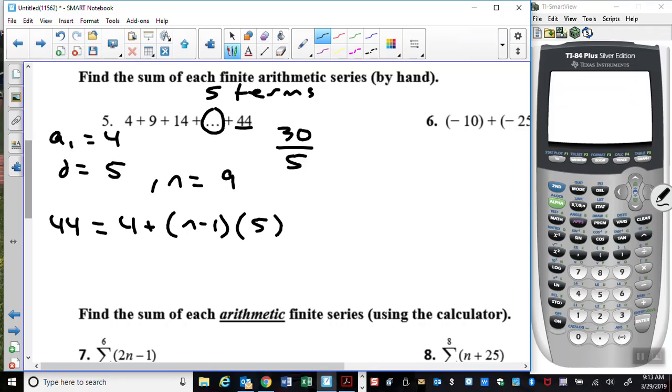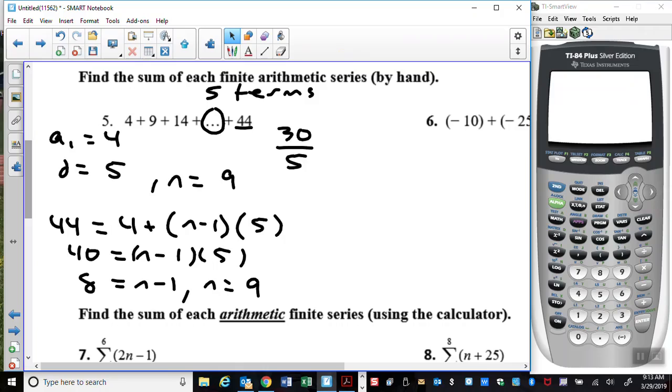Subtract 4. Divide by 5. Add 1 to both sides. n equals 9. Then you can just write your rule.